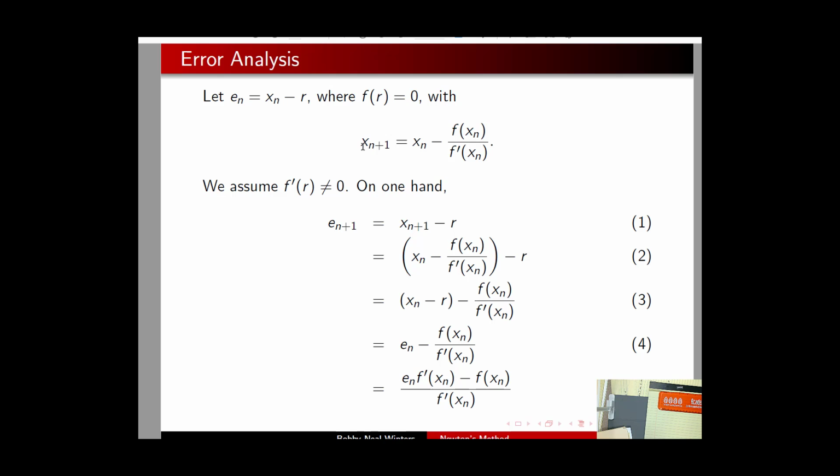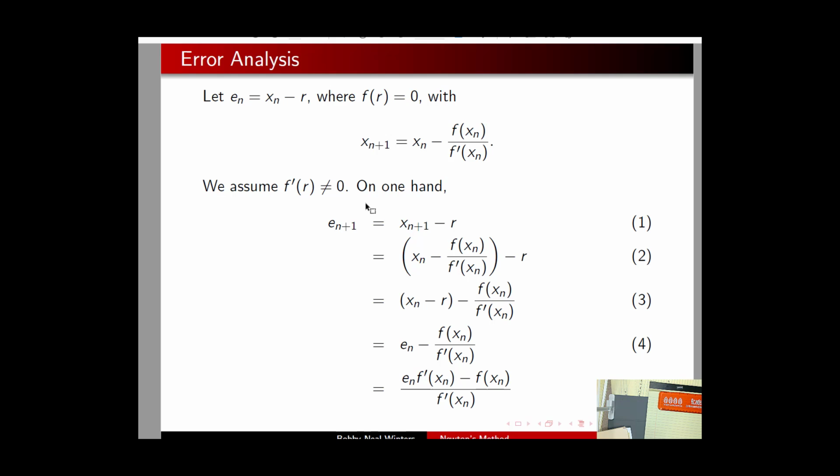And this is where we're using Newton's formula, x sub n plus 1 is equal to x sub n minus f of x sub n over f prime of x sub n. We make the assumption that f prime of r isn't equal to 0, because clearly Newton's method is undefined if it is. We have to find some other method for functions where this happens.